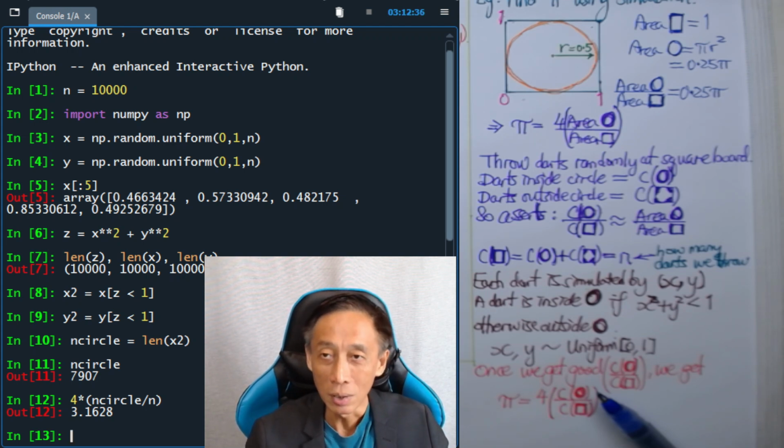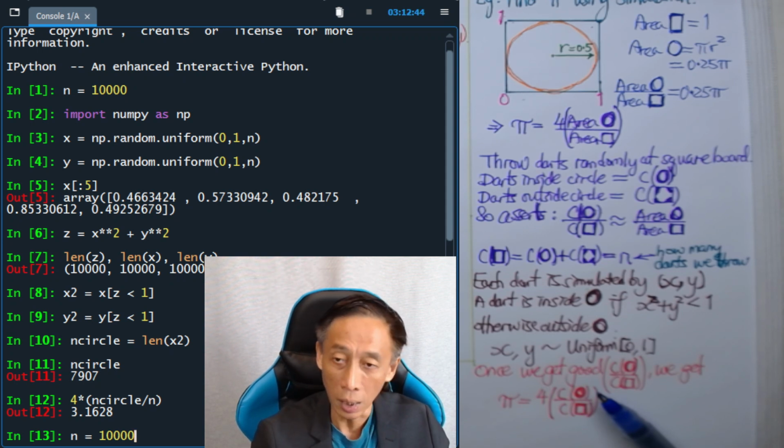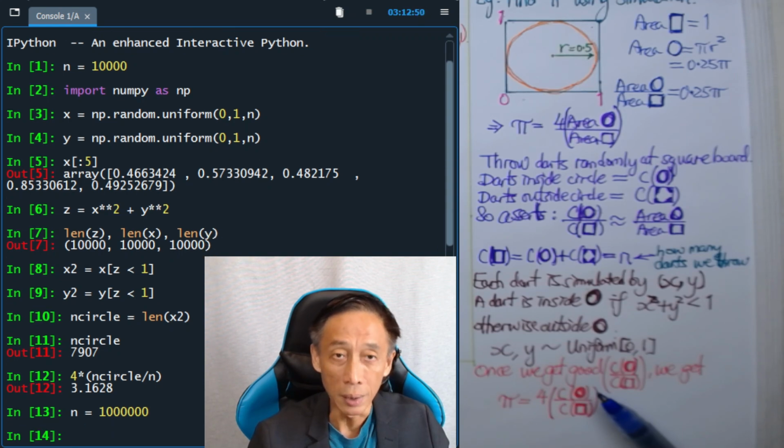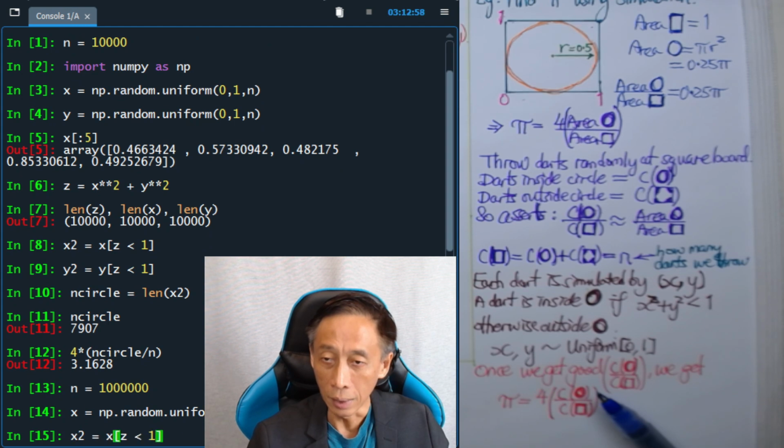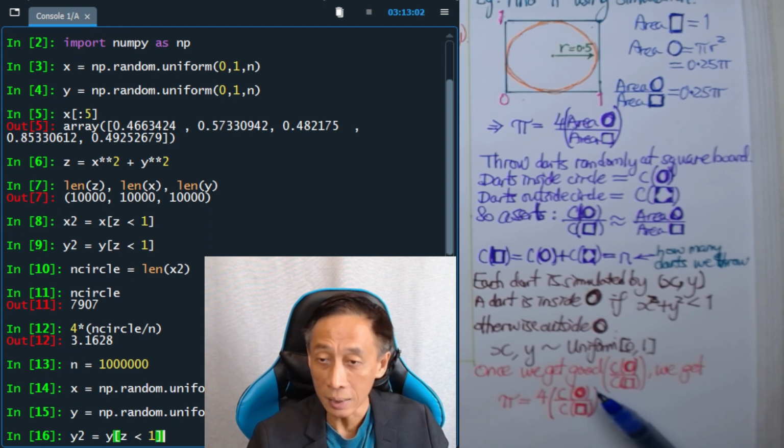How about larger n, right? Because of all the steps we have done, I think it's repeatable. So instead of 10,000, let's try 1 million n, right? And we're going to do x, then y, then z.